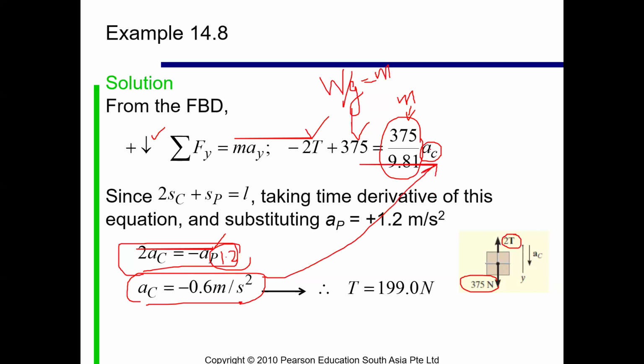In the first equation there were 2 unknowns, so I could not solve it. Now I know the value of AC, so I can solve and get the tension involved. The tension is around 199.0 Newton. So I know the tension in the rope is 199 by using this analysis. Is it fine, students? Are we clear till here?